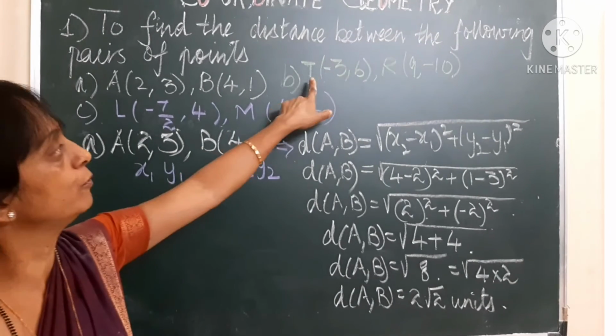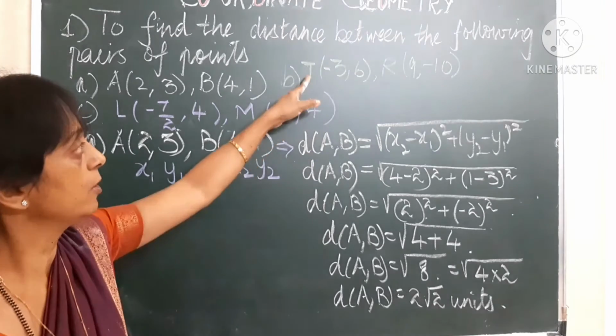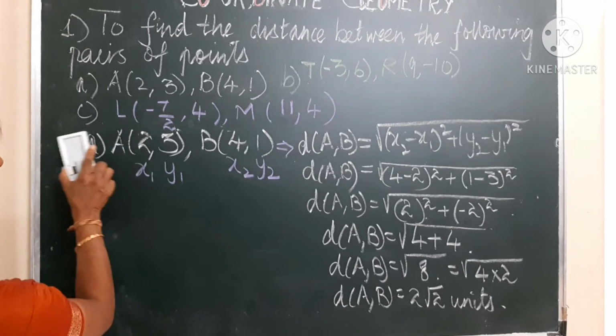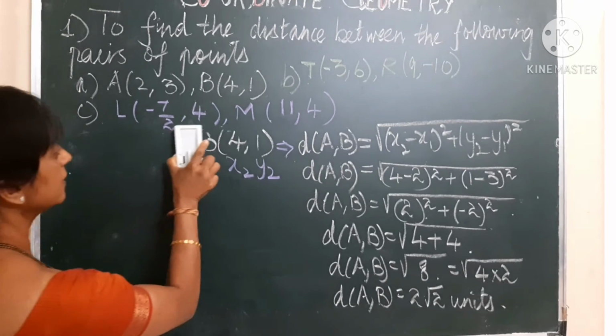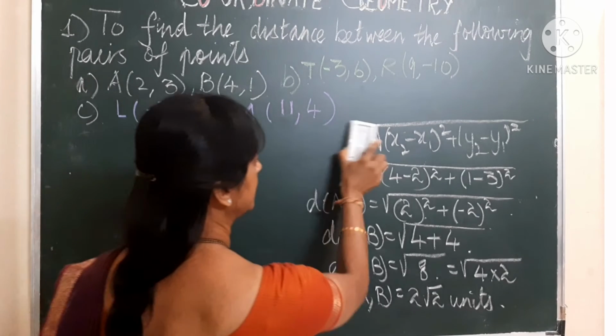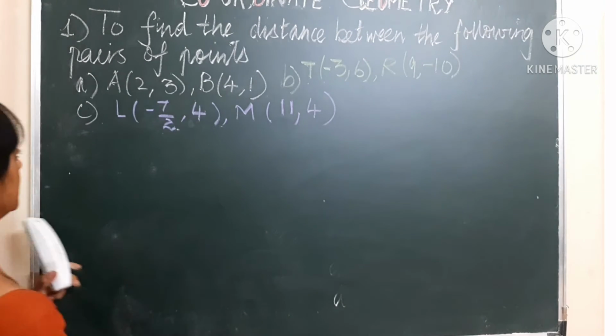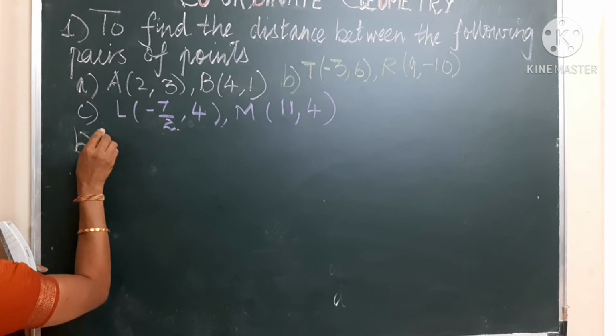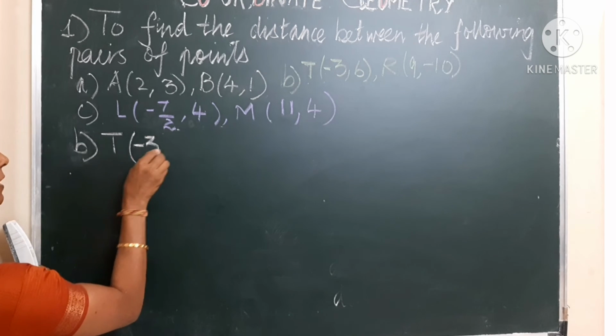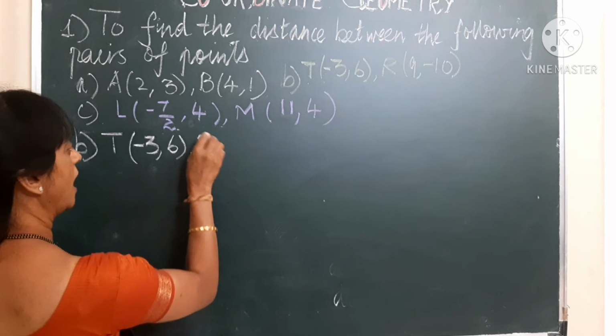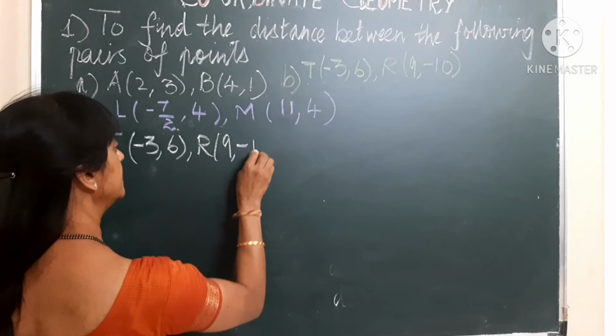Now children, let's move to the second problem with points T and R. Again here, we will have to use the distance formula. So let's start. To begin with, let's write down T with its coordinates minus 3, 6, R with coordinates 9, minus 10.